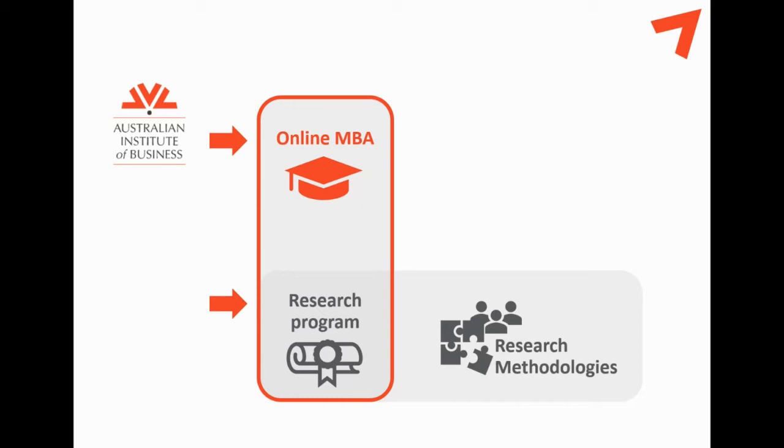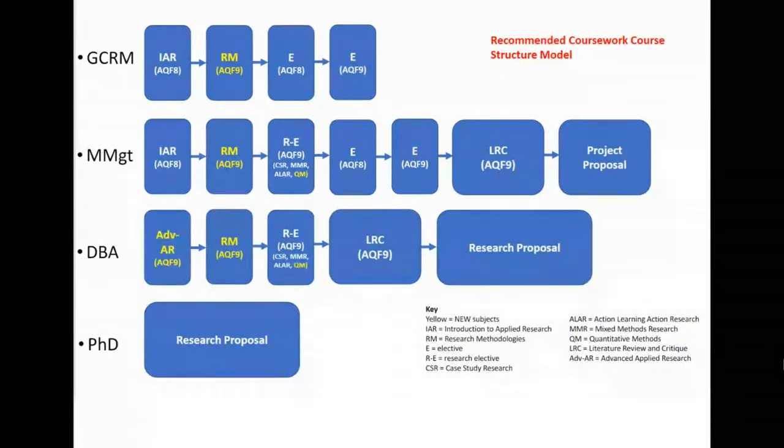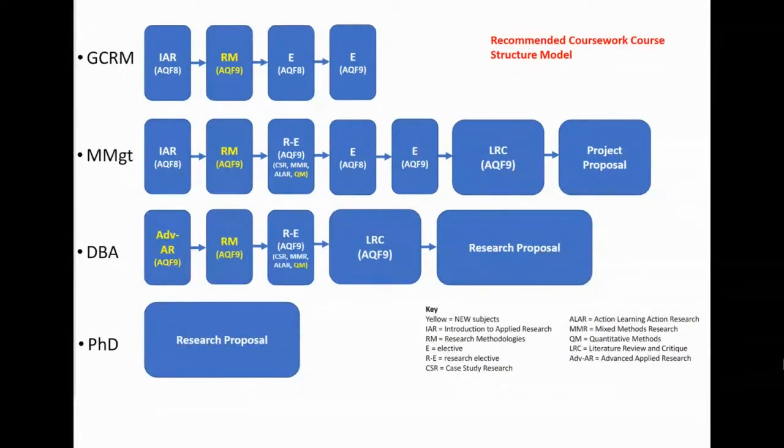So I haven't prettied up this document at all. This is what has come from the course review. You can zoom in on this if you need to. But basically, we have four pathways or four programs.